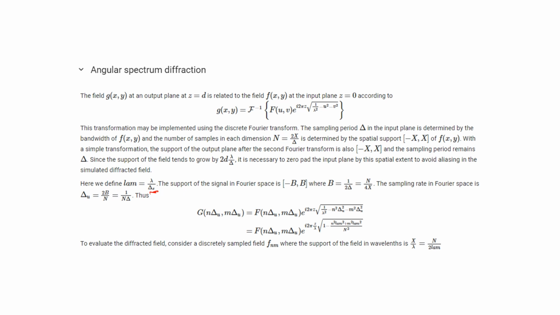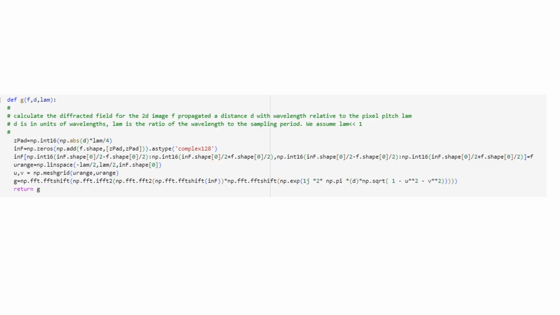For example, metamaterials will use a much finer sampling period and may need a more sophisticated modeling strategy. But for fields that are associated with propagating waves that we would use in imaging systems, these methods work quite effectively. So the code implements this as shown here. There's a padding added.